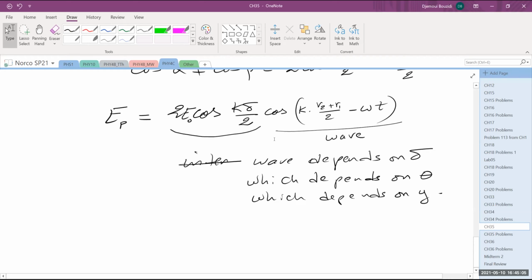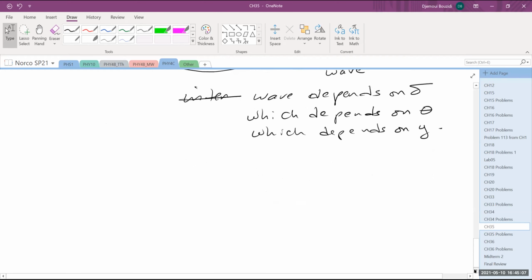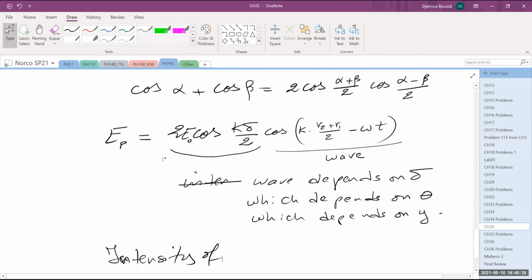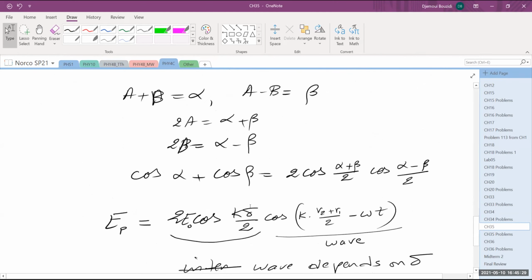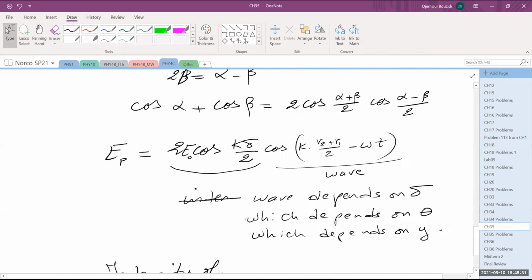The intensity of the wave, and this is actually coming straight out of chapter 32, okay? And actually it's not coming just from there, it's even from chapter 17, chapter 15, because the intensity of waves is always proportional to the square of the amplitude. And the amplitude initially was E naught, but now the amplitude is this whole quantity.